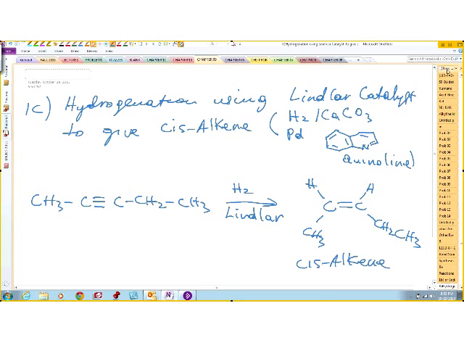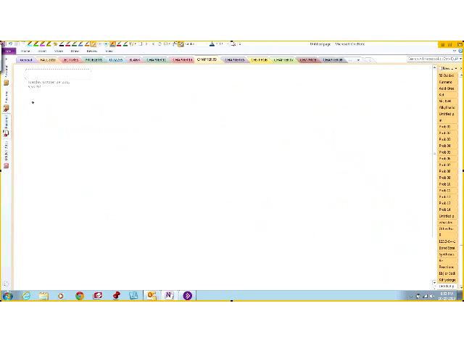Okay, so now let us take a look at another. That is 1, but reaction 2. Hydrohalogenation. This we also did with the alkene. And what does that mean?